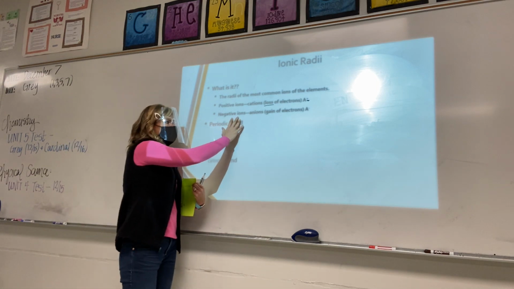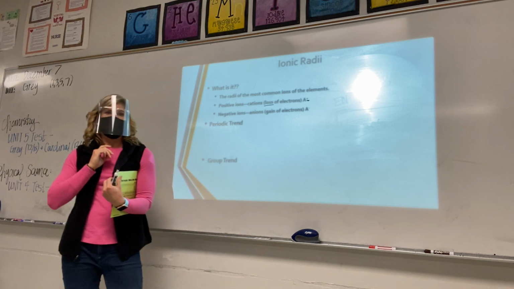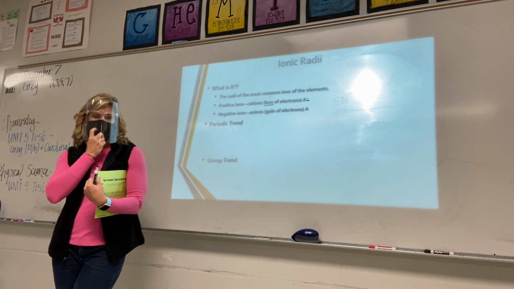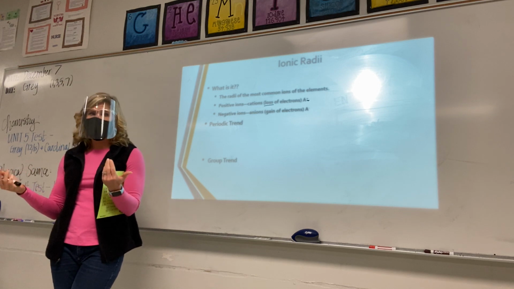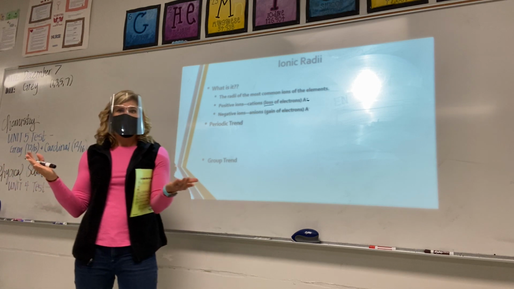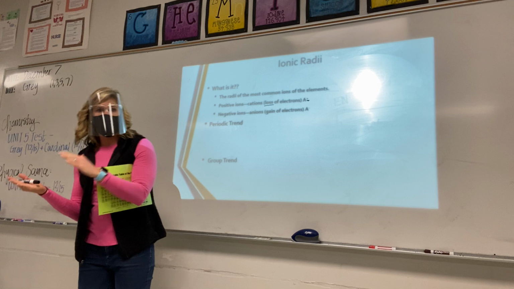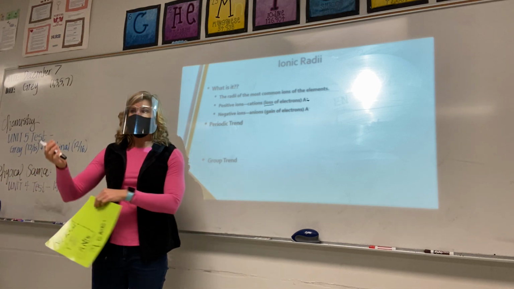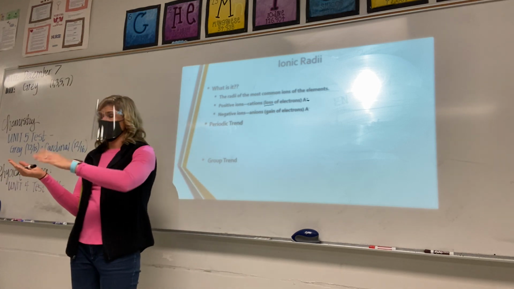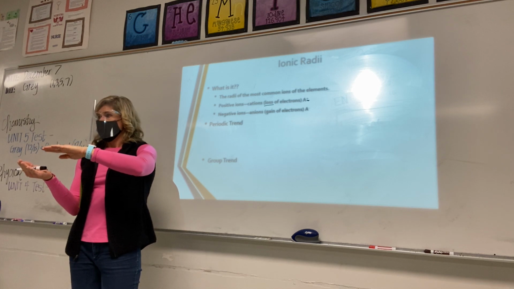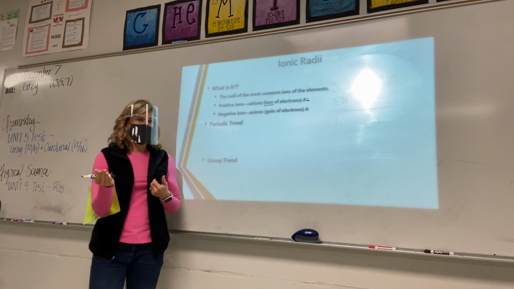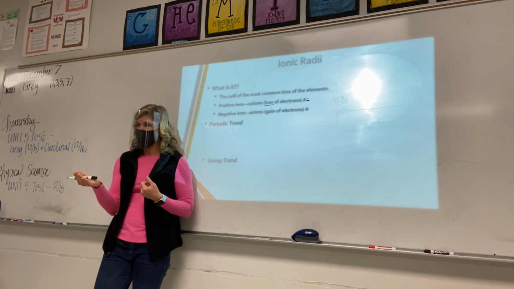My negative charged ions are called anions. So in order to create an anion, a negatively charged ion, now I must add more electrons so that I have more electrons, more negatively charged particles, therefore giving me an overall negatively charged atom.